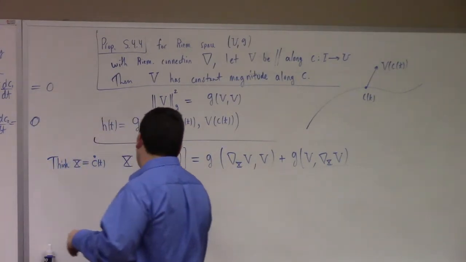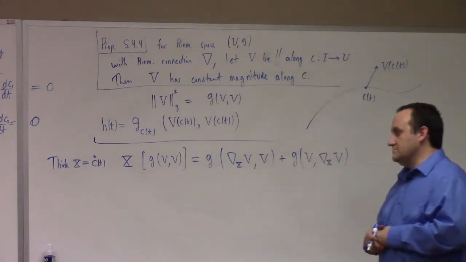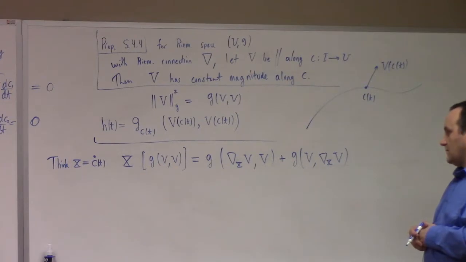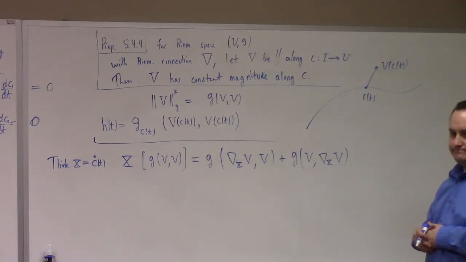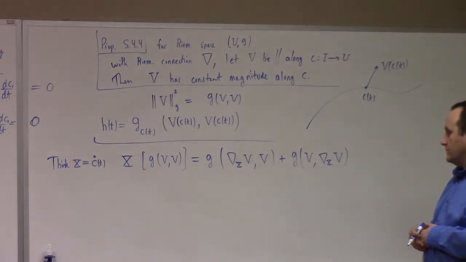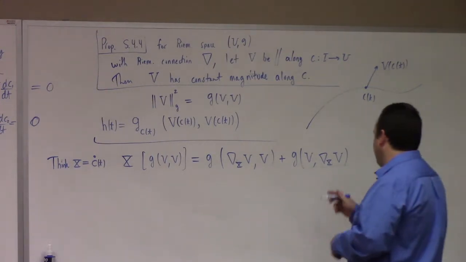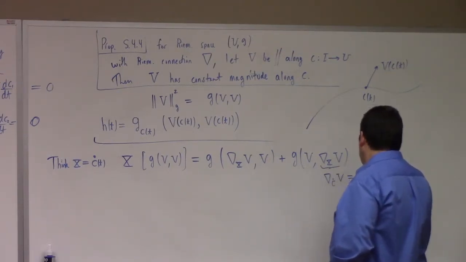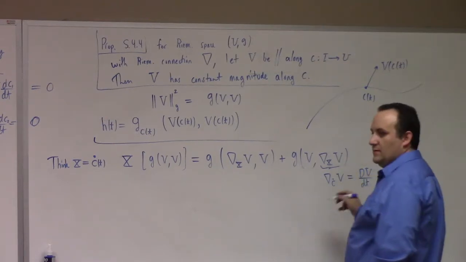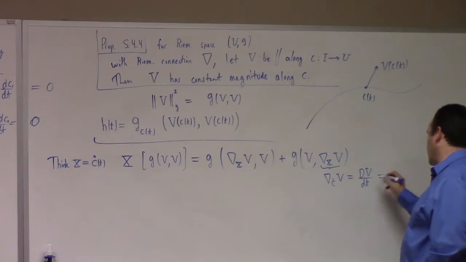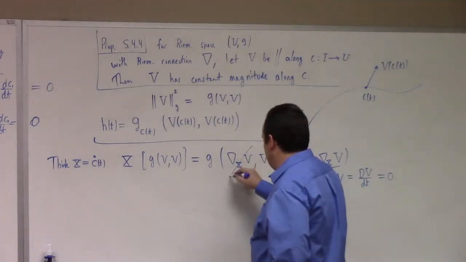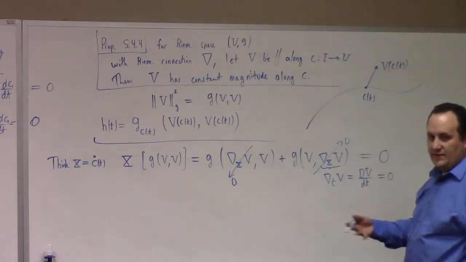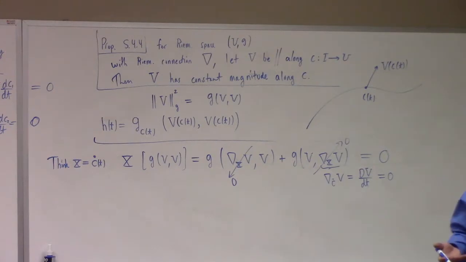What happens if we think X equals c dot of t? Right, this is exactly big DV DT, which is assumed to be 0. So this is also 0, right? So the whole thing is 0 because g of 0 with anything is still 0, right?